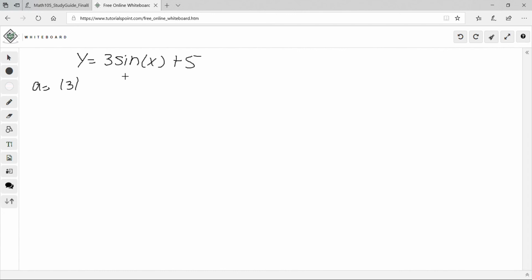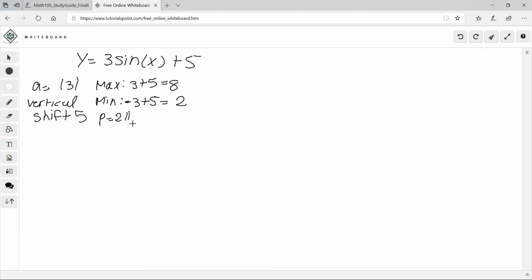We have a vertical shift of 5. So our max is 3 plus 5, which is 8. And our min is negative 3 plus 5, which is 2. And then our period is 2 pi over b. So our period is 2 pi, and our b is 1, so it's just 2 pi.